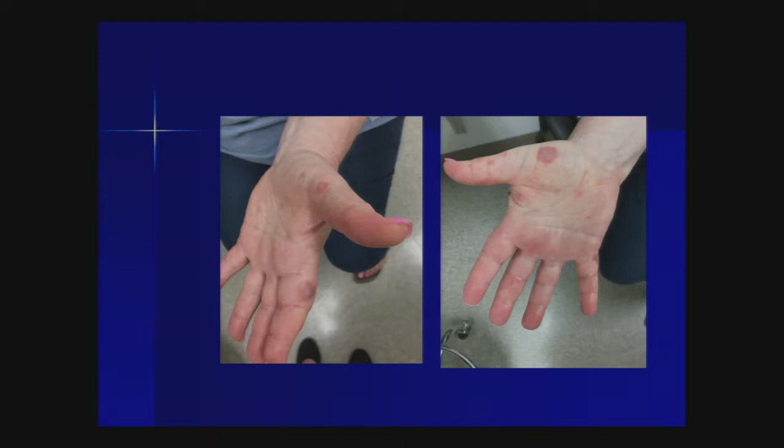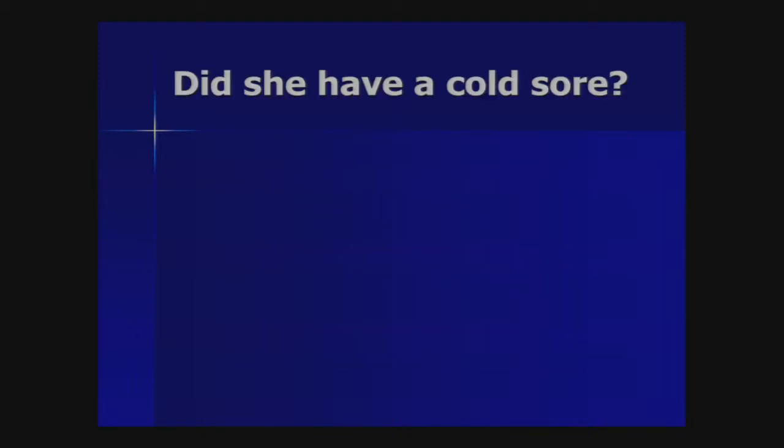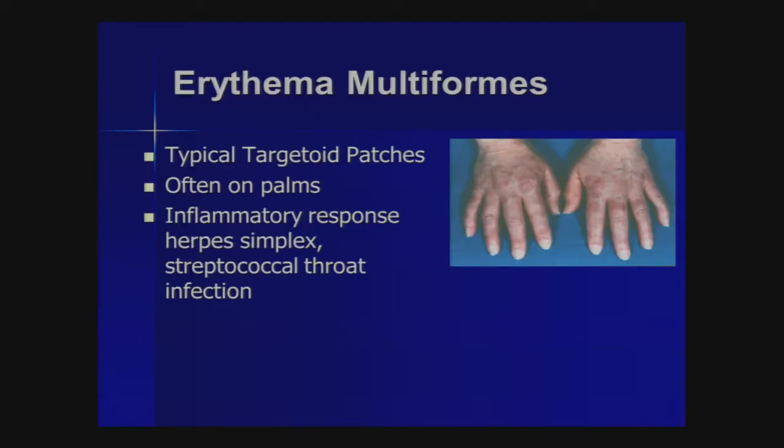With this rash, this person had Augmentin, but you also want to ask them if they've had a cold sore, because a lot of times people get sick, are given antibiotics, and the stress of the illness brings on a cold sore. The most common cause of this, which is erythema multiforme, is more often viral or cold sores, not actually drug related.